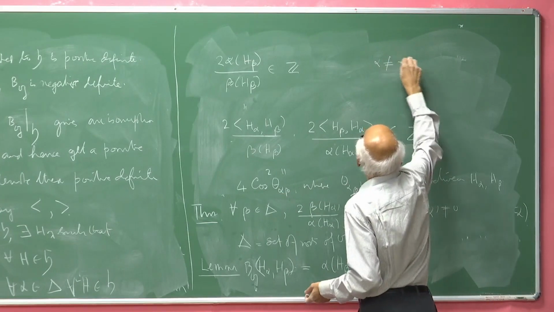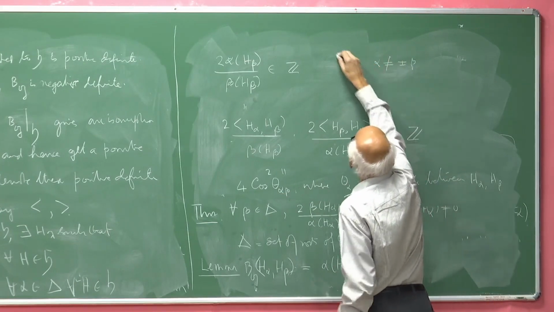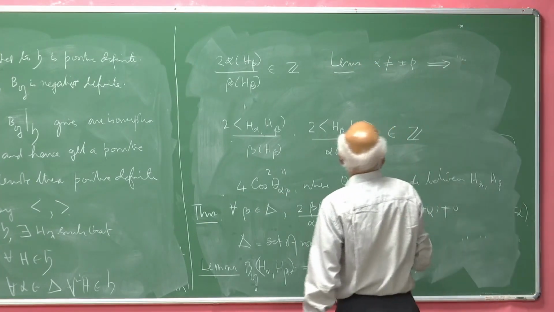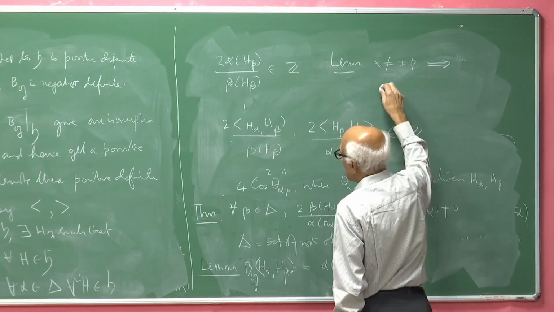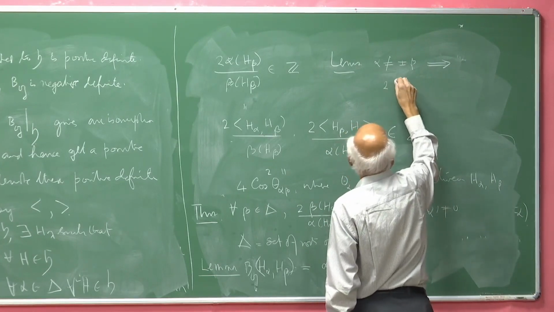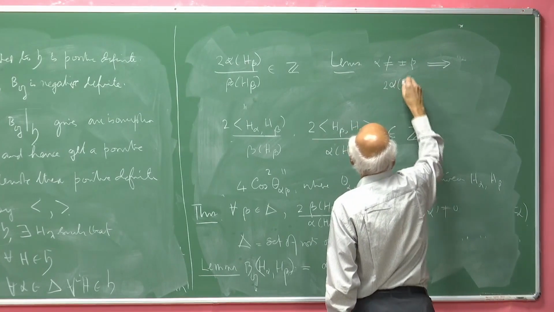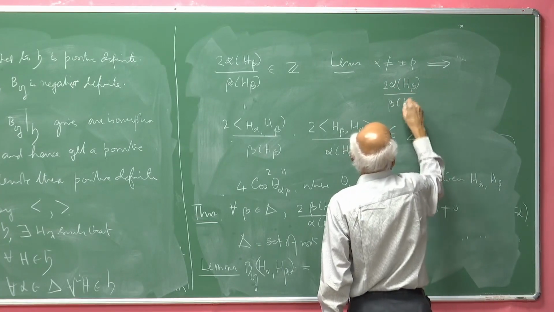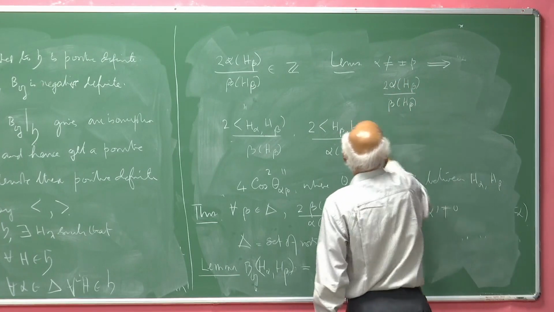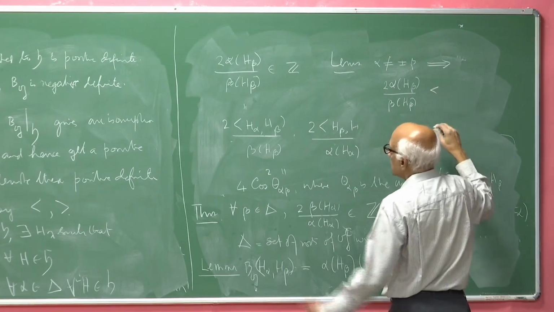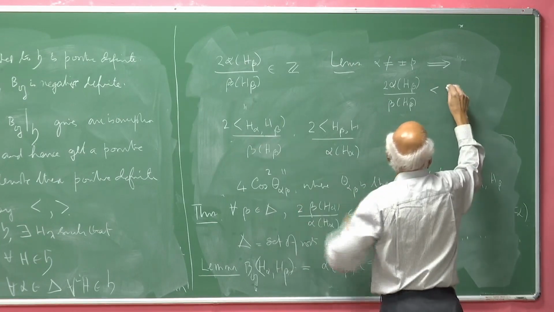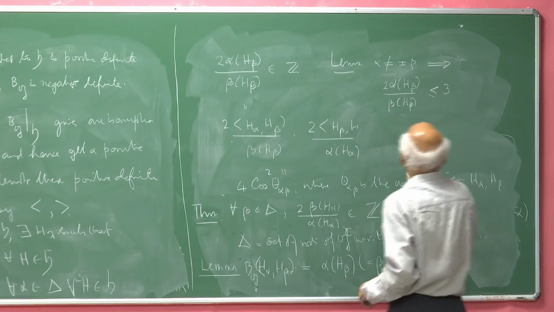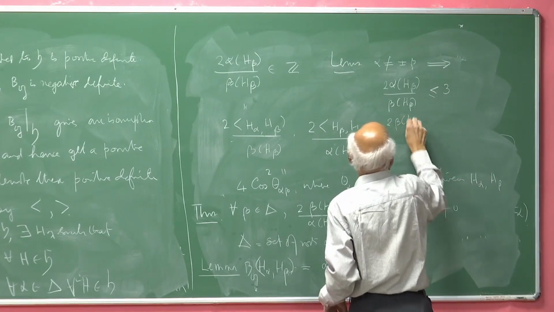So alpha not equal to plus or minus beta implies that twice alpha of H beta by beta of H beta, and also twice beta of H alpha by alpha of H alpha, is strictly less than or equal to 3.